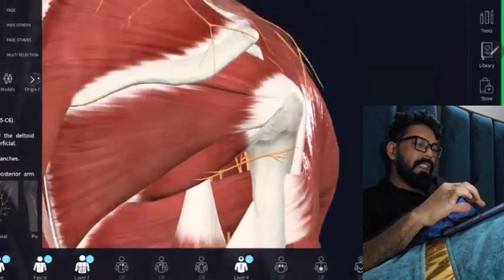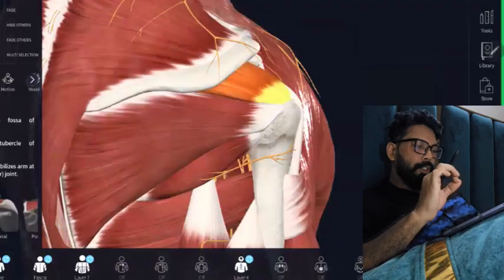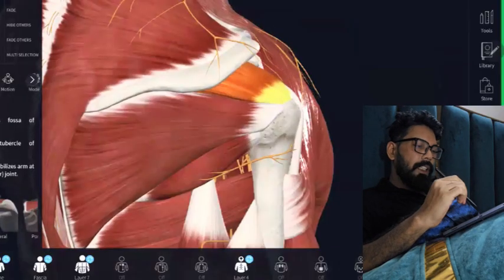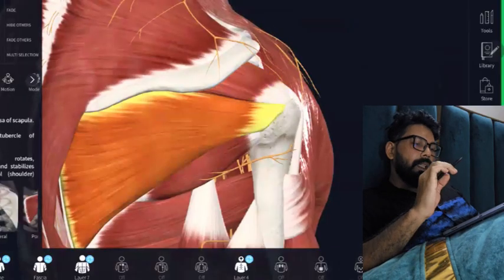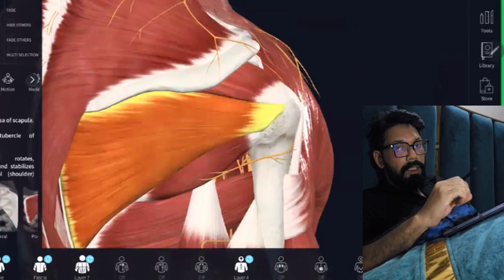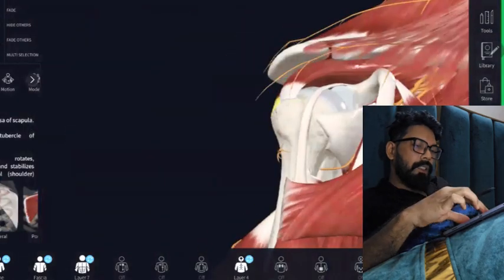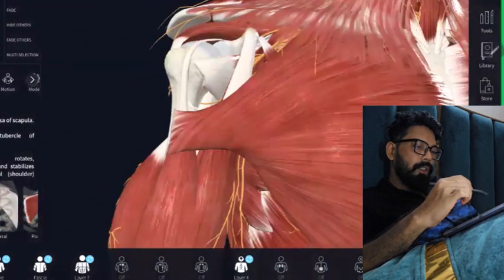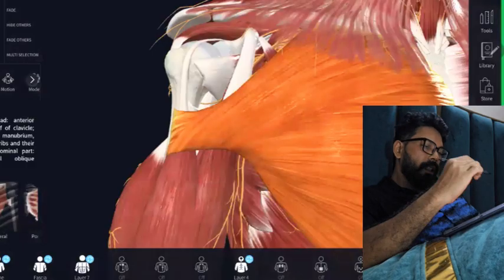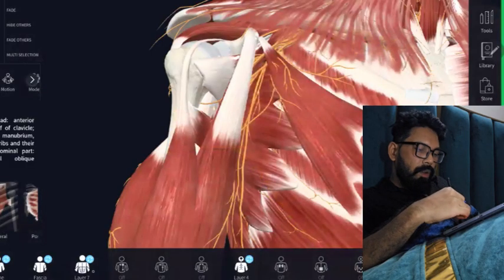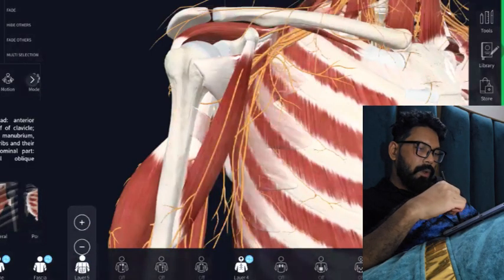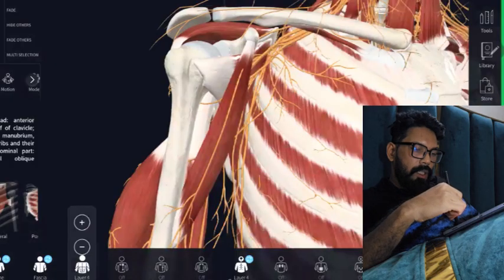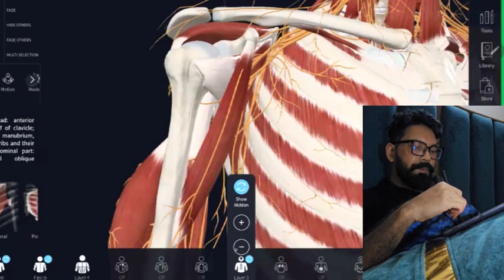Now, supraspinatus important, infraspinatus important. Now, what did we miss? We missed subscapularis. Let's see subscapularis from the rotator cuff: the only muscle that's in front. Let's remove the nerve for now.